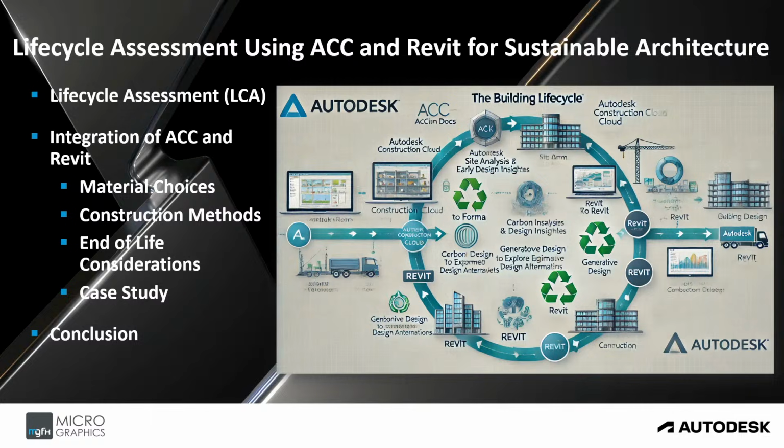By assessing embodied carbon through ACC, architects can compare material choices and prioritize options with lower emissions, such as sustainably sourced wood, recycled steel, or low carbon concrete. Revit models can include data on each material's embodied carbon, allowing for real-time assessment and targeted material choices.